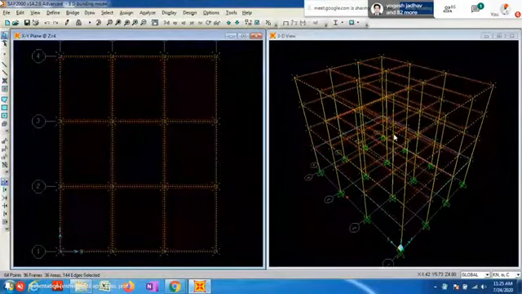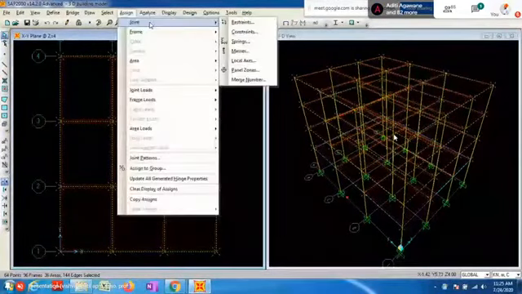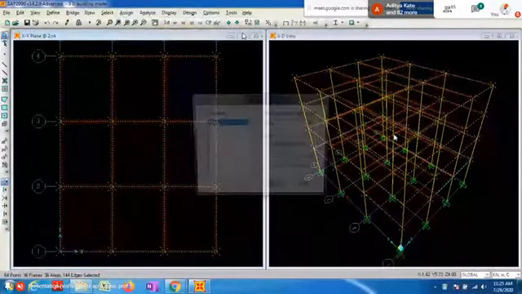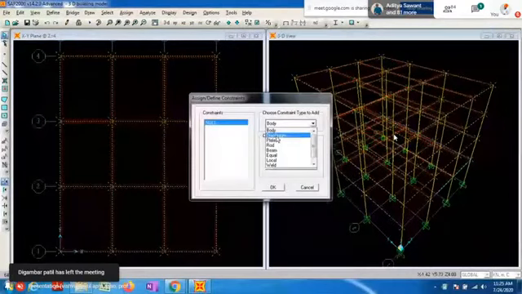And go here, Assign, Joint, Constraint. Assign Joint Constraint. Then here there is a diaphragm constraint. Add this diaphragm constraint. Okay, so this is the name.